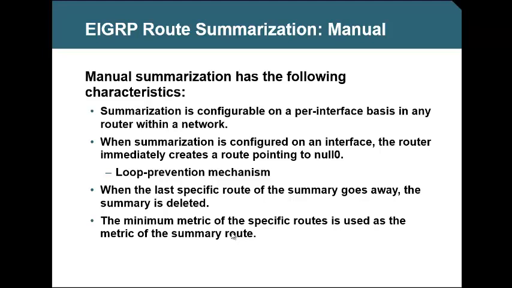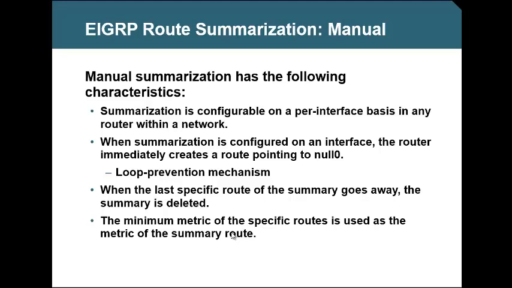So it should point towards a null interface so that it can prevent loops. And we also learned that only when the last specific route of the summary goes away, the summary will be deleted. Otherwise it will be there. If one subnet goes down, it will not be deleted.